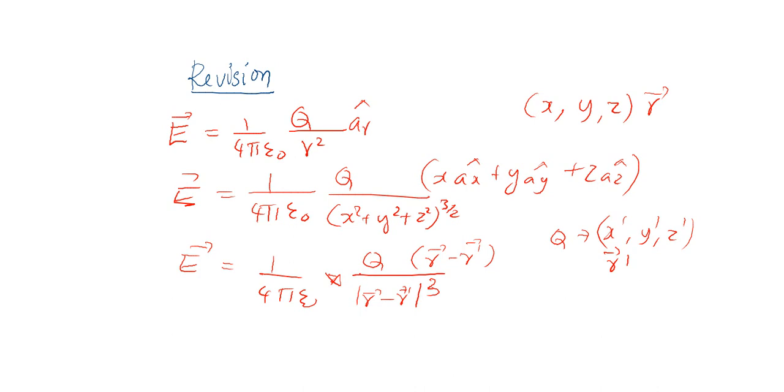So the cube term comes because you are finding the unit vector along this direction, so that also we have to divide by its magnitude.